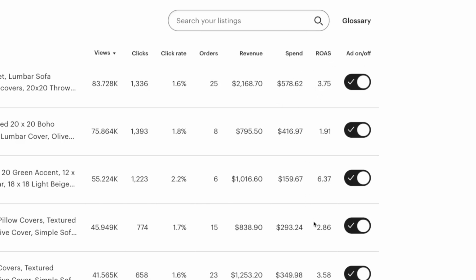And the problem with ROAS is that ROAS sometimes can look horrible. And so people will come in here and turn it off because they think the ad's not working. But then when you compare it to its total sales, because remember, this revenue is not your total sales. This is just the sales from the ad directly from the click, or if they clicked on the ad and purchased something else. But if you analyze your spend against your total sales, a lot of times you see that, oh my gosh, ROAS doesn't matter.